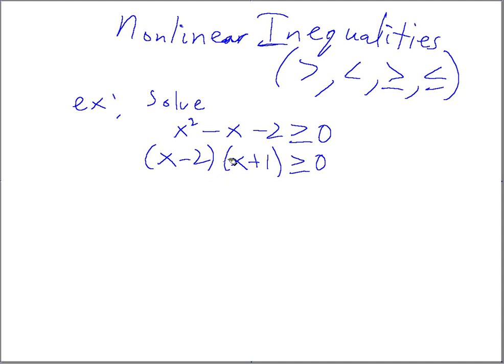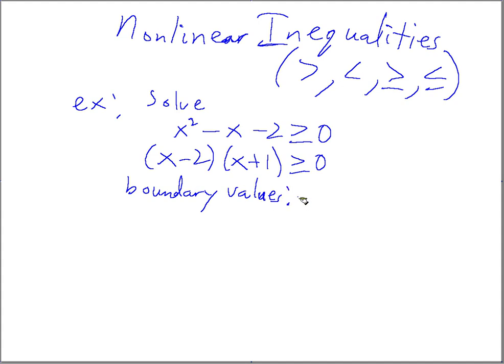Now, to analyze this product, what we're going to do is, first of all, figure out what makes these two factors equal to 0. We've done it already in the past. Just simply set these factors to 0 and figure it out. Let's call those the boundary values, because we're going to put them on a real number line.